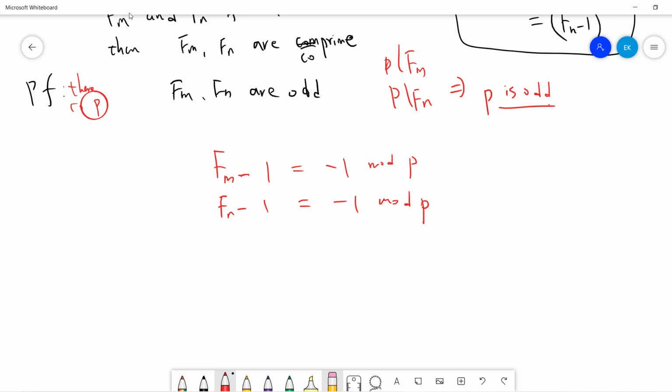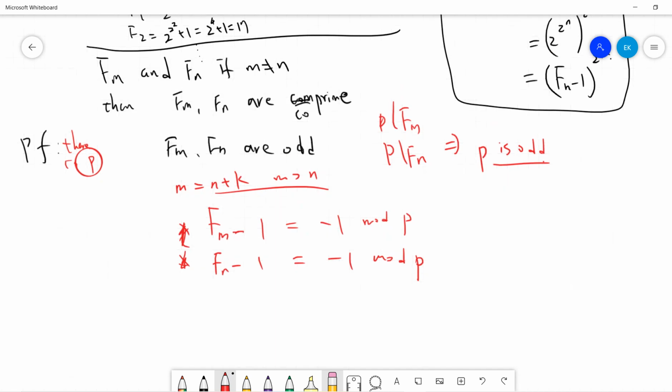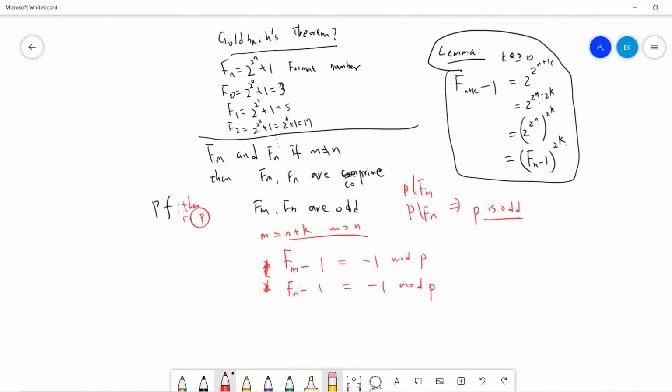And I assume that m is n plus k, so basically m is greater than n. By this lemma, we have F_m minus 1 equals (F_n minus 1) to the 2^k mod p.